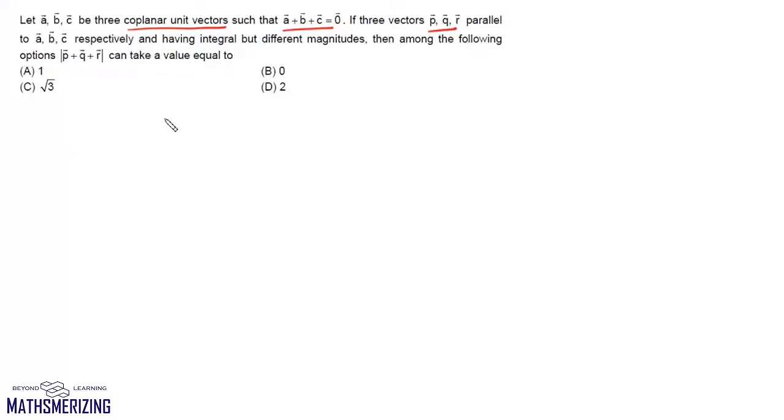Now suppose P is N1 A cap, Q is N2 B cap, and R is N3 C cap, where N1, N2 and N3 are integers and they are unequal also.